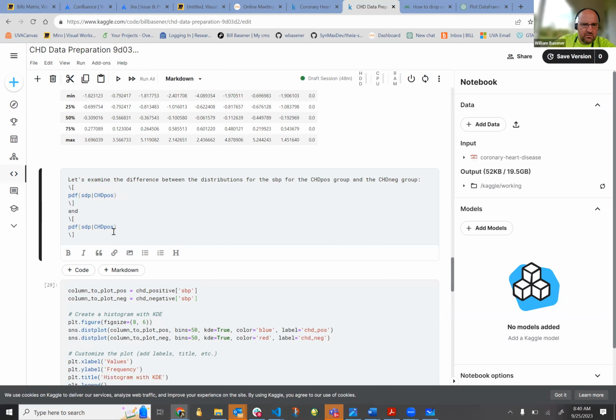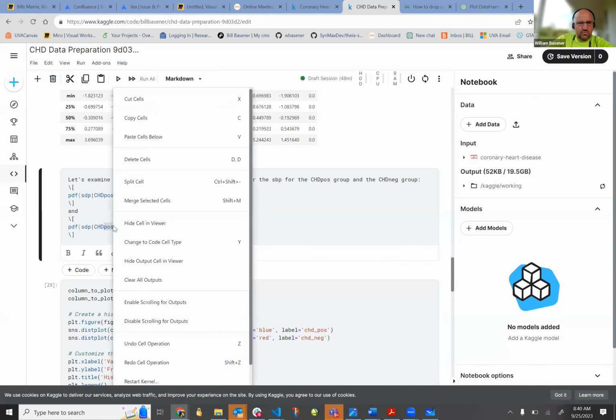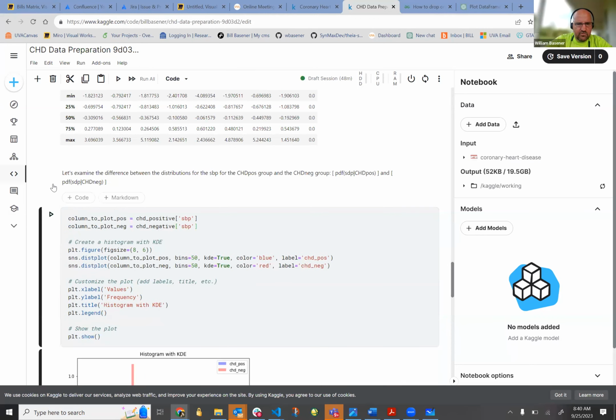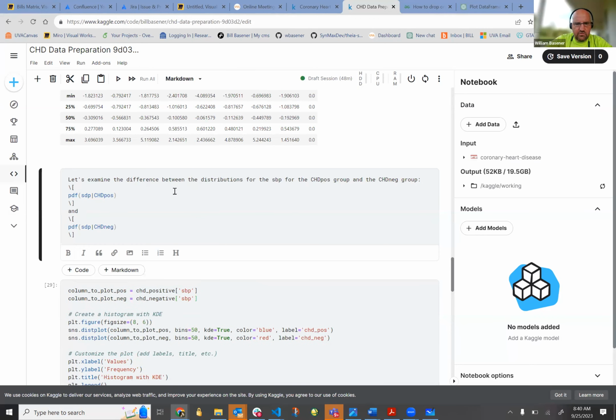I don't know if that's going to work. Negative. So really, we're looking at these two probability density functions. See if that worked. No, that didn't work at all.